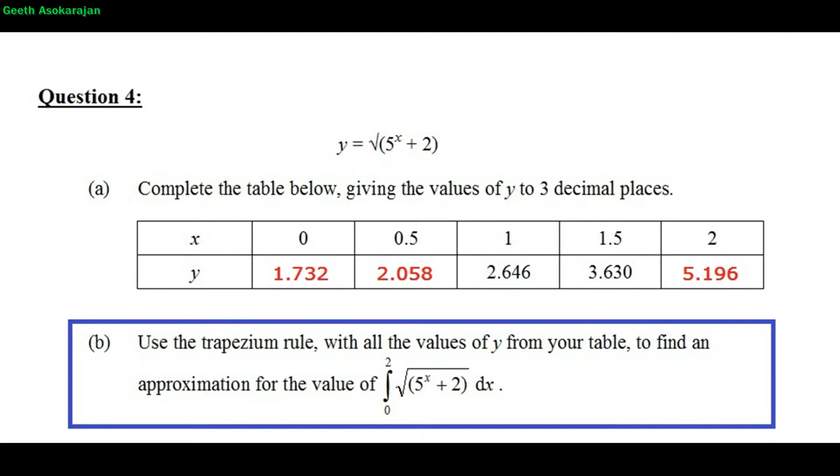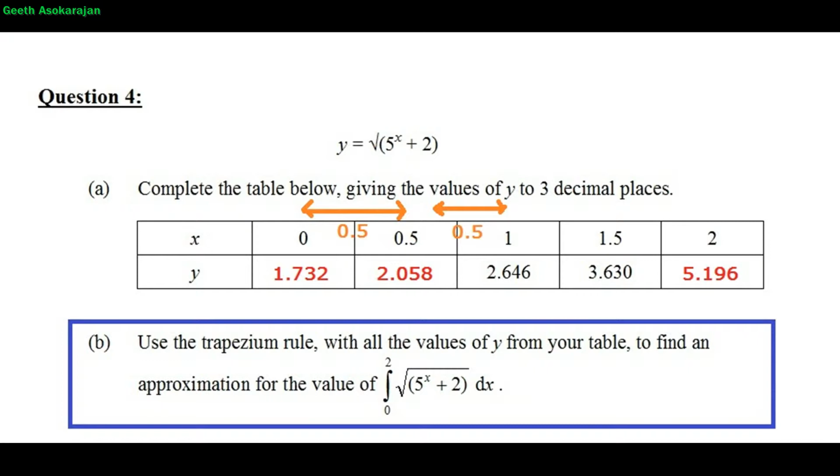So let's go back to the table. Now the width of the trapezium has to be constant, and it comes from the separation of consecutive x values. From x equals 0 to x equals 0.5, the separation is 0.5. The separation between x equals 0.5 and x equals 1 is still 0.5.